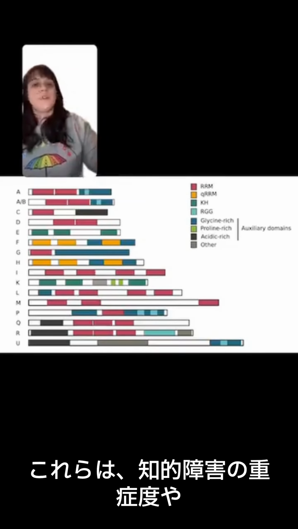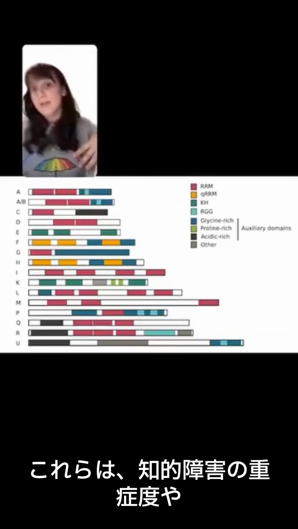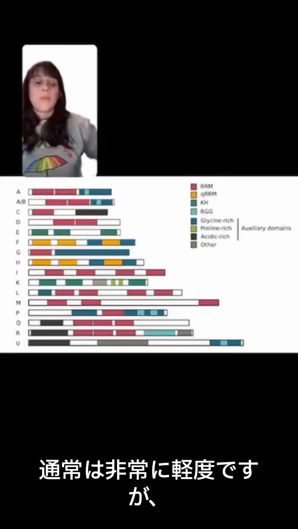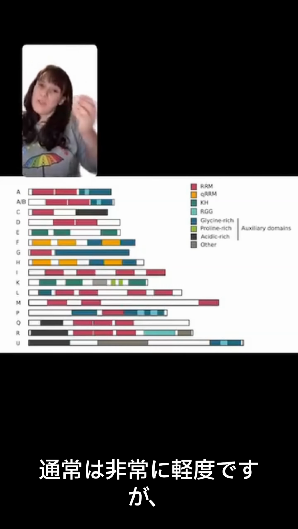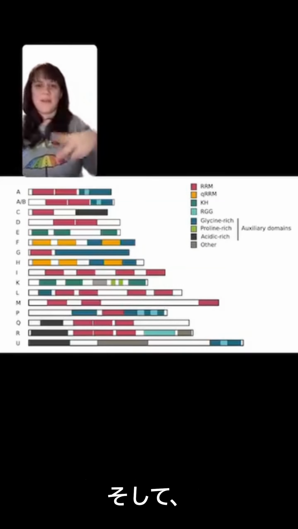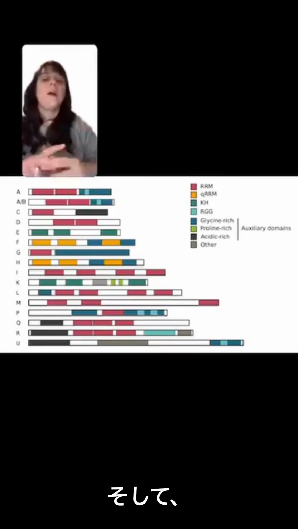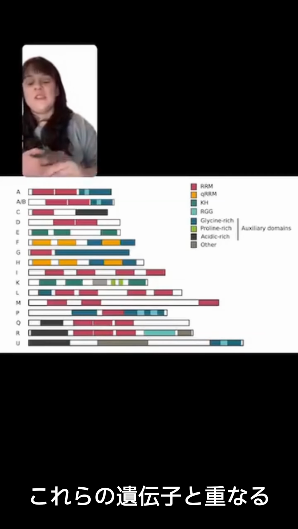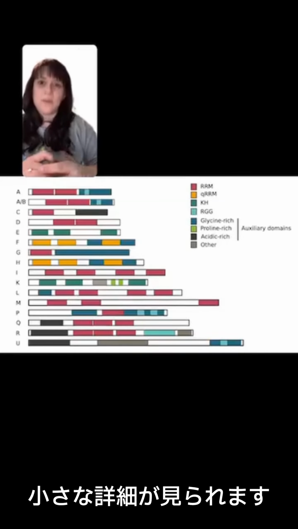And so these are things like the level of severity of intellectual disability, or hand and feet features, which usually are very mild, but they can still be genetically relevant. And it's just these small details that overlap that we see with these genes.